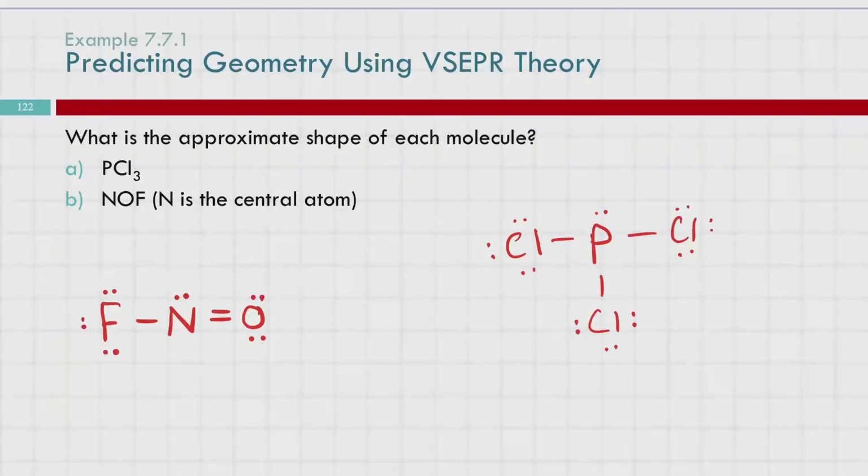And I believe this is the Lewis structure for NOF with nitrogen as the central atom. For this one, I would also expect us to come up with a resonance structure, but it's secretly the top one that's correct.